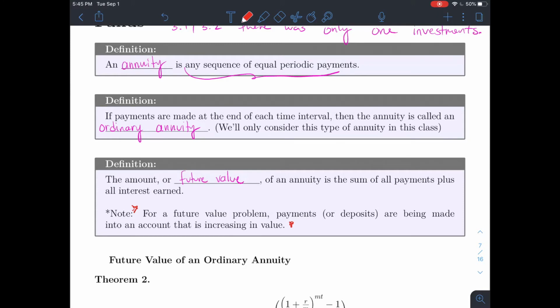For any future value problem, payments or deposits are being made into an account that is increasing in value. So you have this account that's going up and up by every payment you put in there.